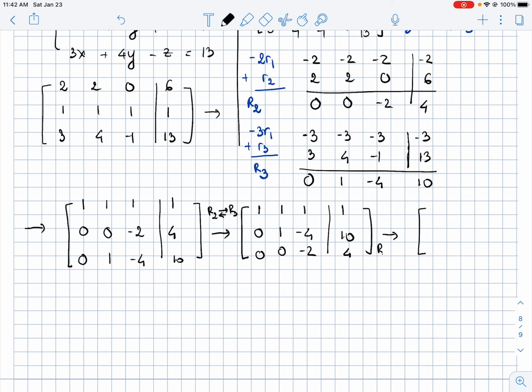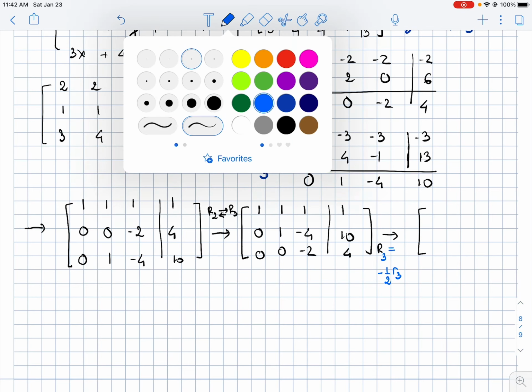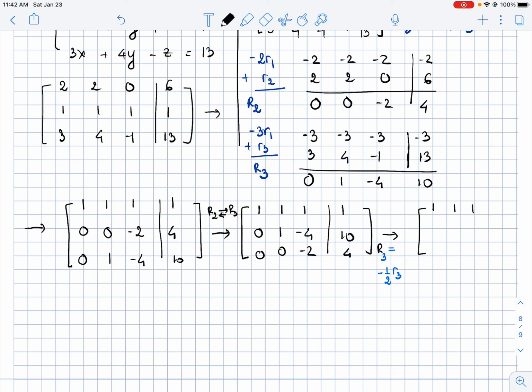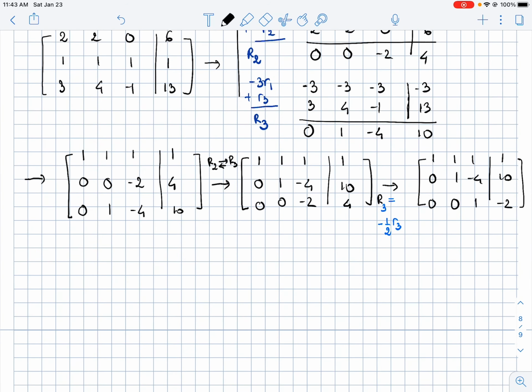Row number 3, because we put the answer in row 3, will equal negative 1/2 of row 3. That means we multiply by negative 1/2. So 1, 1, 1, 1, 0, 1, negative 4, 10, and then we multiply the whole third row by negative 1/2, so 0, 0, 1, and negative 2. So we get what we want.